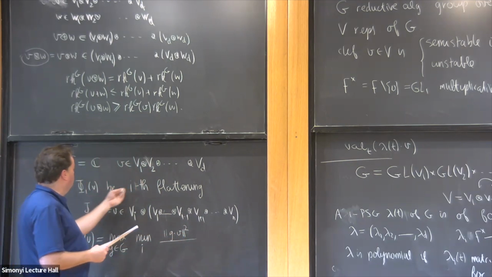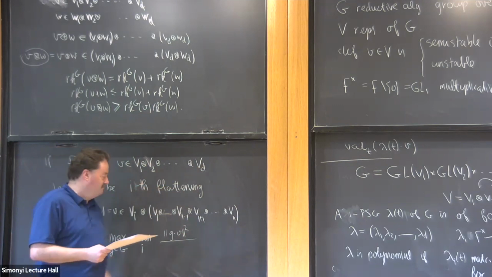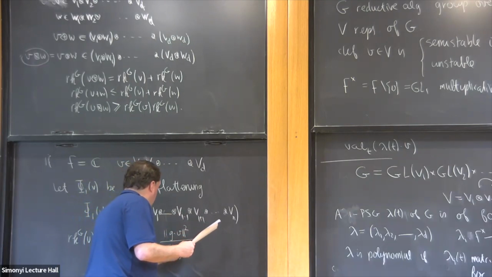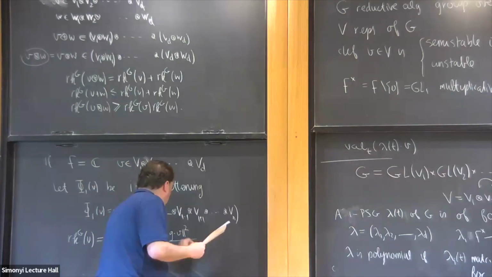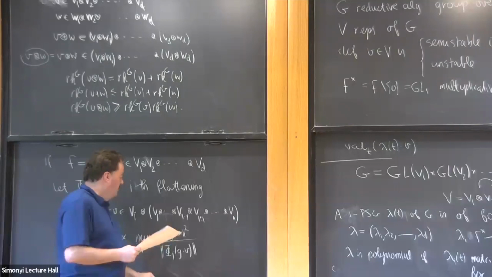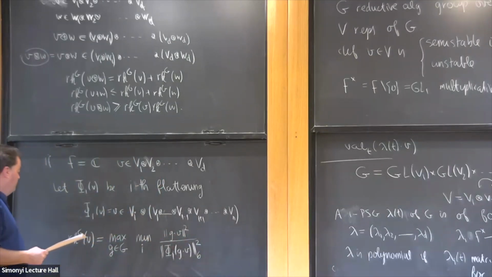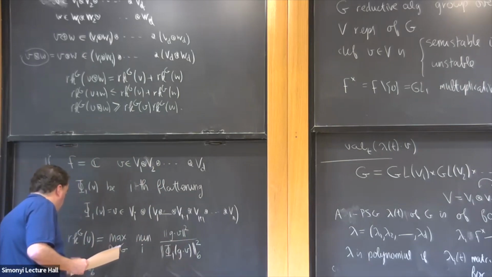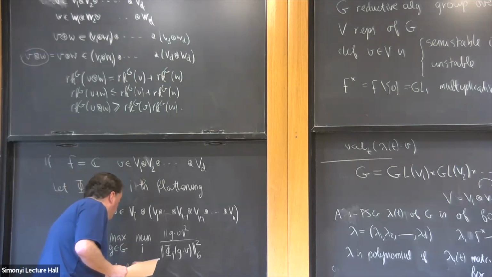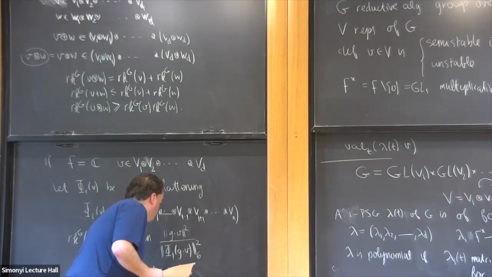You have to choose some Hilbert spaces. Then you view the same thing as a matrix for every i, and you take the spectral norm. So this here is the spectral norm, or operator norm, of a matrix.